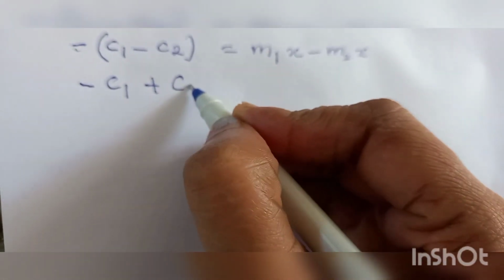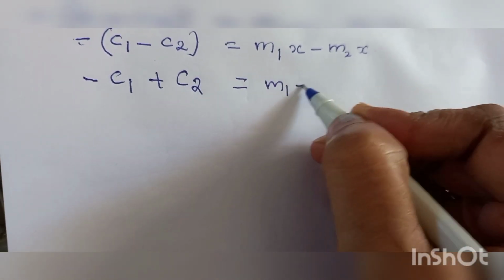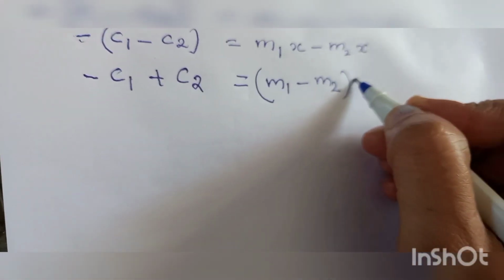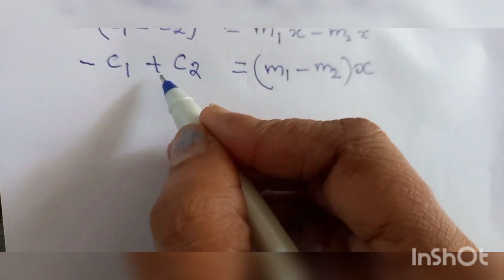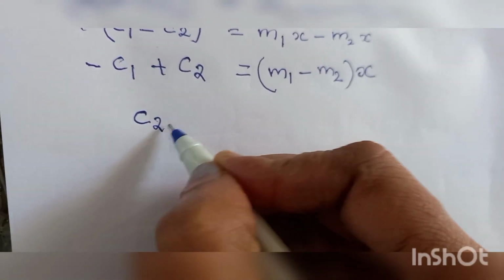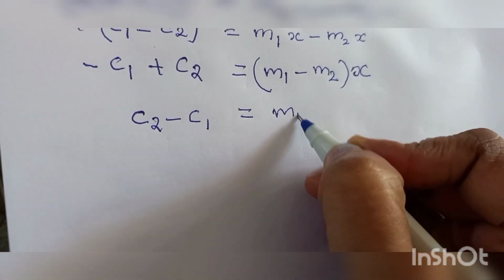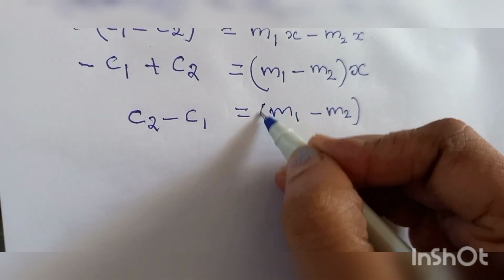Then we remove the bracket, so we get minus c1 plus c2, which is equal to (m1 minus m2) x. x is the common factor here. Then c2 minus c1 is equal to (m1 minus m2) into x.